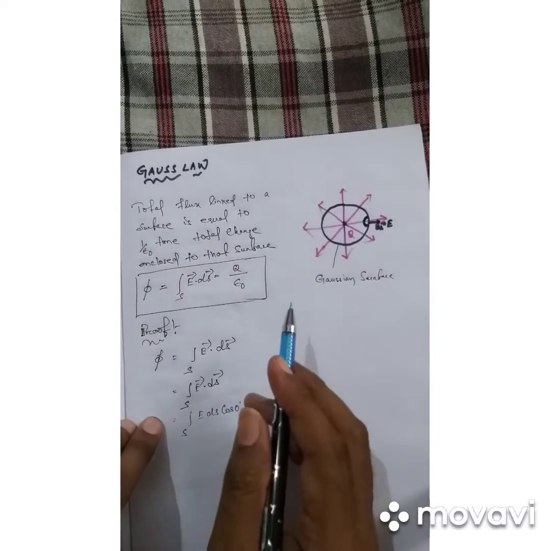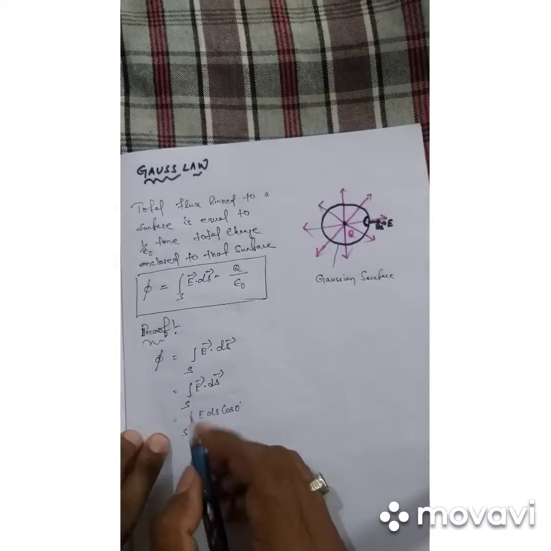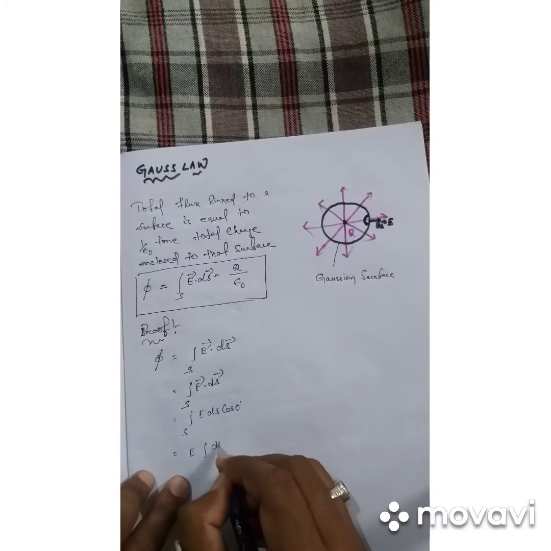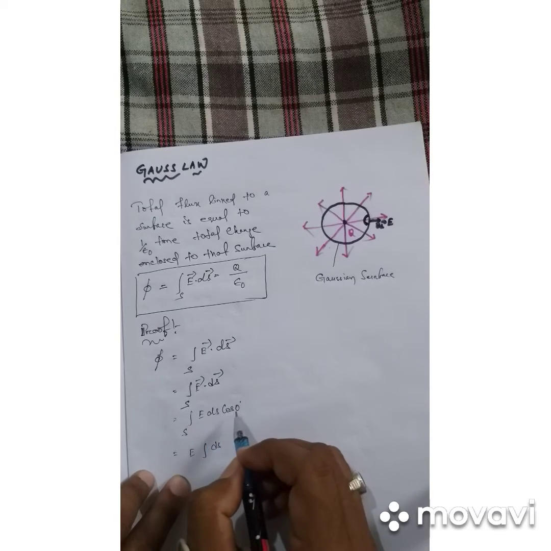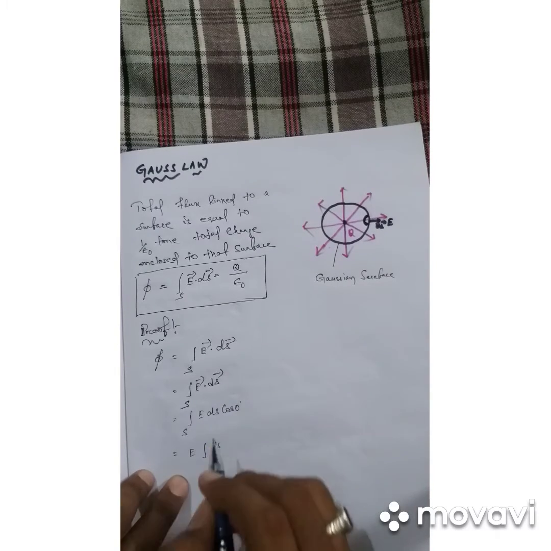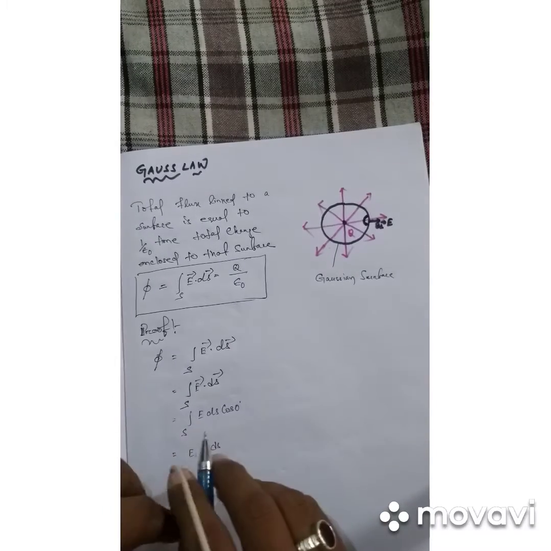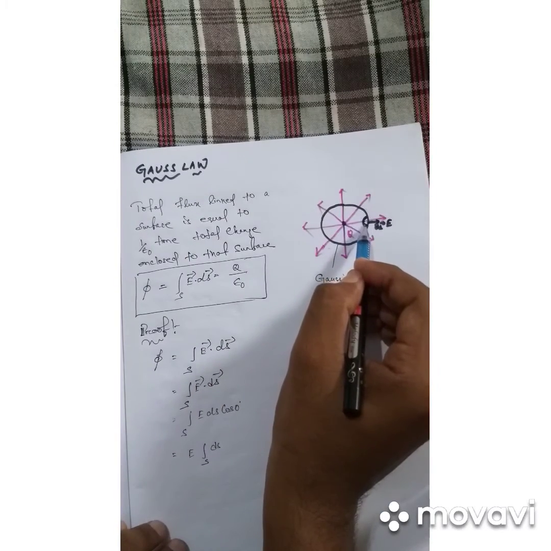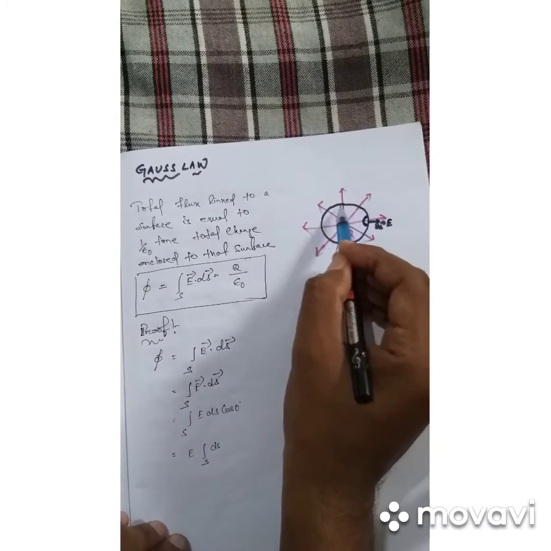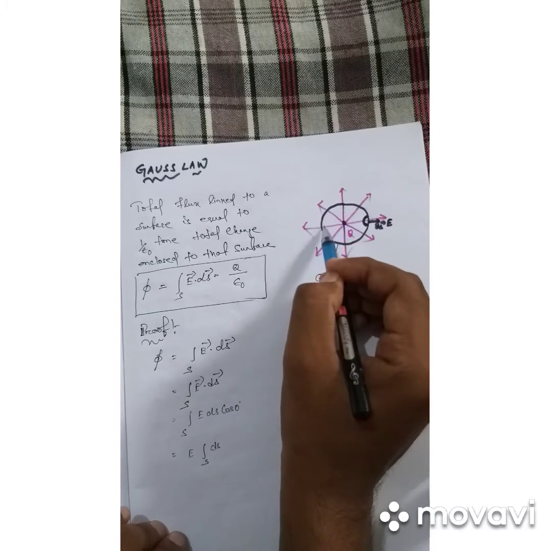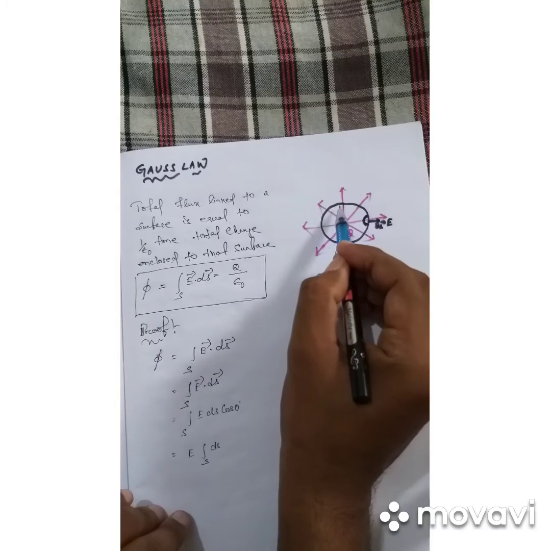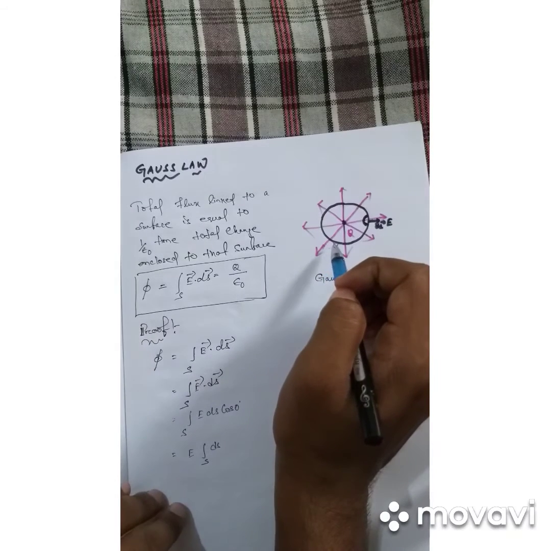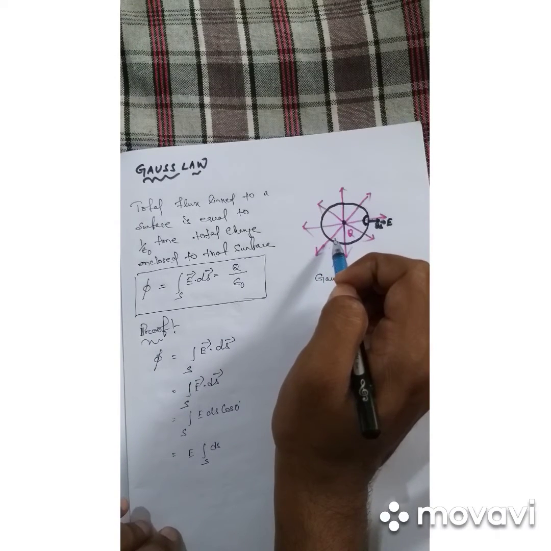Okay? We know the electric field intensity in all directions remains constant, so E is taken outside the surface integral of dS. The angle between E and dS is 0, so cos 0 is 1. There is a small region here, a small region here, and a small region here, so in every direction of the sphere the area vector and the electric field intensity are along the same direction, so the angle between them is 0 degree.